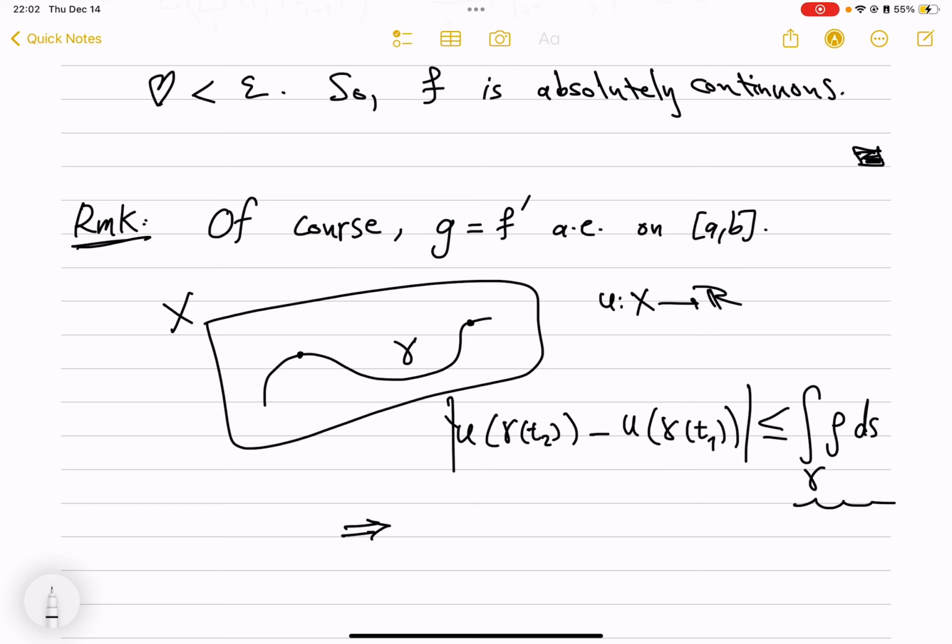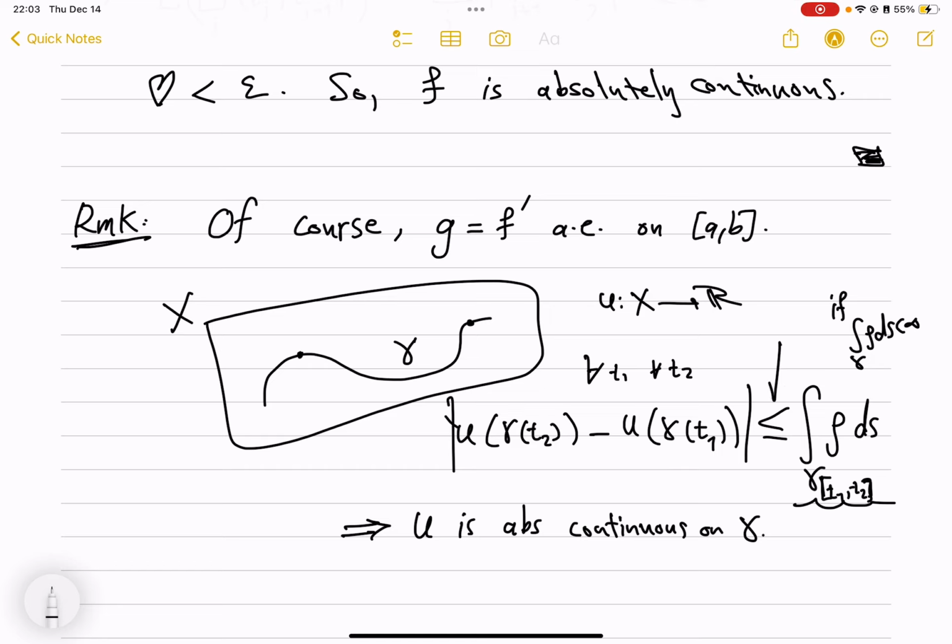This is for every t1 and every t2. From this, exactly like the previous proof, if this integral, which is only from the segment from t1 to t2, let's say, that part of the graph, is finite on the whole graph, then rho is integrable, and from the same proof as above, it follows that u is absolutely continuous on this curve gamma.